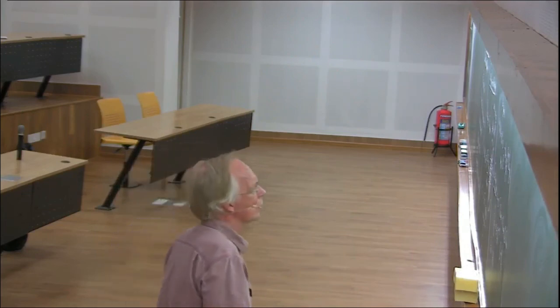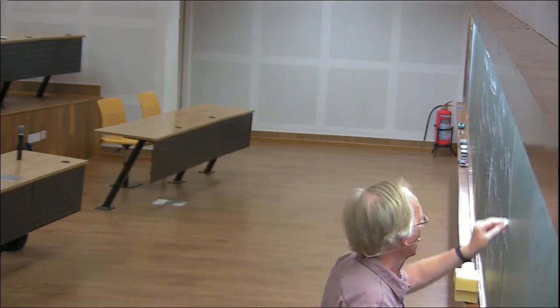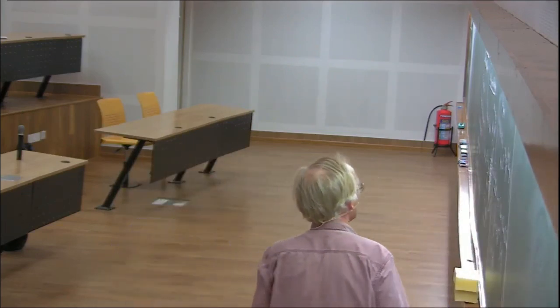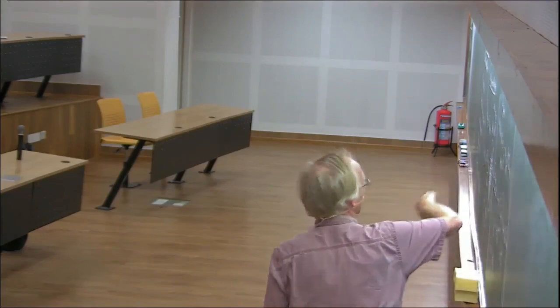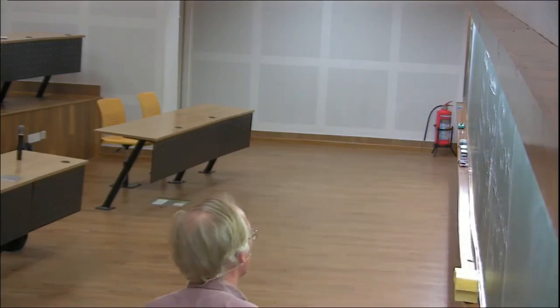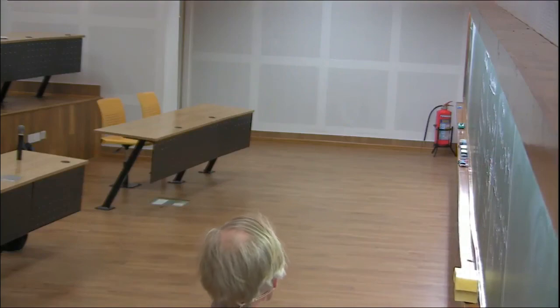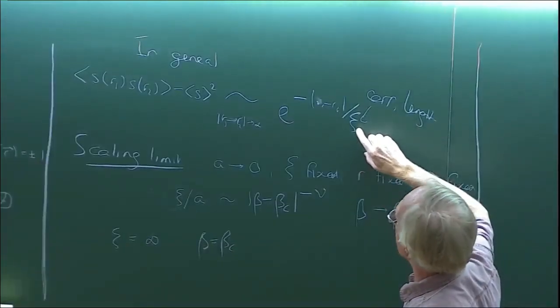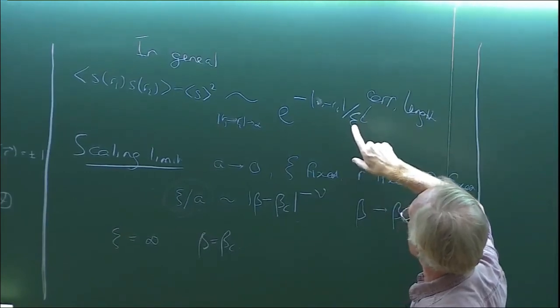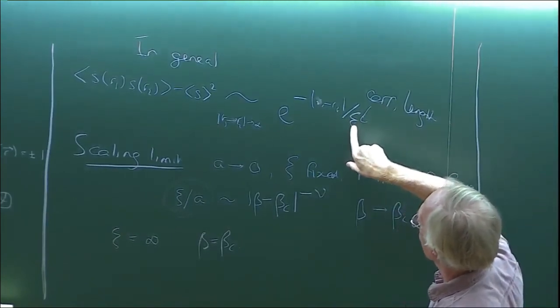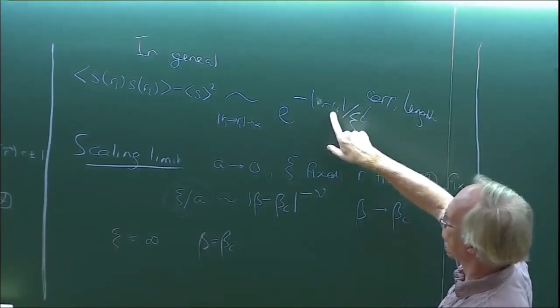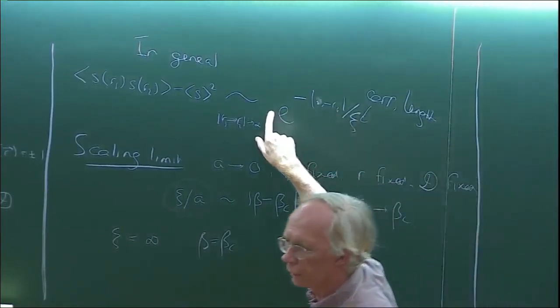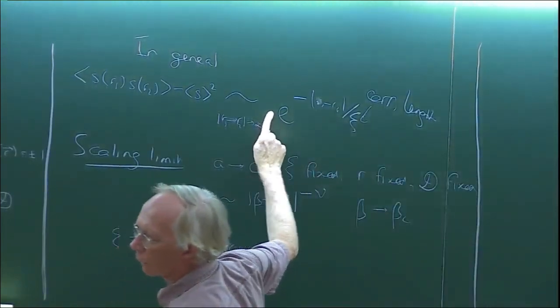So you can then ask, if I take the scaling limit, what happens to correlation functions? Okay. Well, in general, they are not actually finite. So even though we keep the correlation length finite, r1 minus r2 finite, the number outside here is not finite.